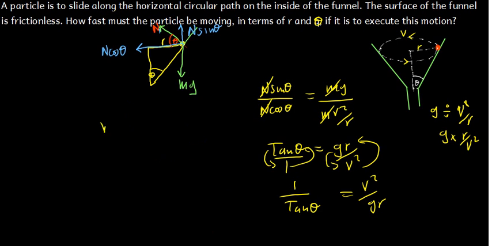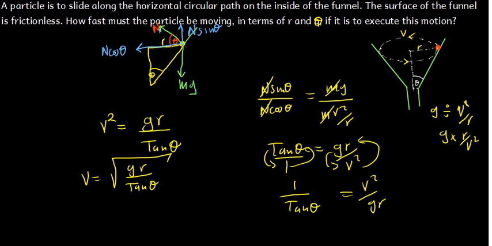And that will leave us with v squared being equal to gr divided by tan theta. So v is going to be the square root of gr divided by tan theta. Therefore, this is the formula that is going to give us the velocity of the particle.